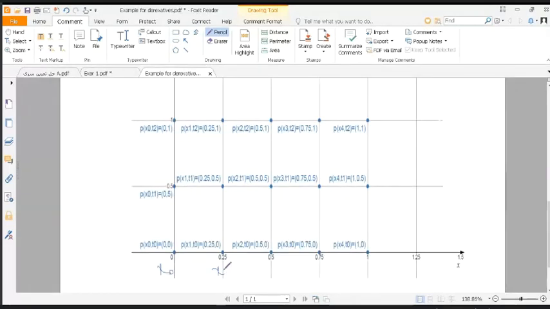This point is x2. This point is x3. And the next point is x4. And for t, this is t0, 0.5 is t1, and the end of t is t2. Okay?